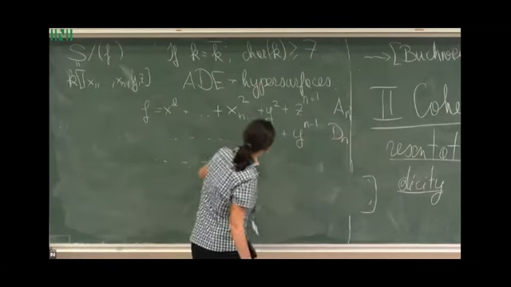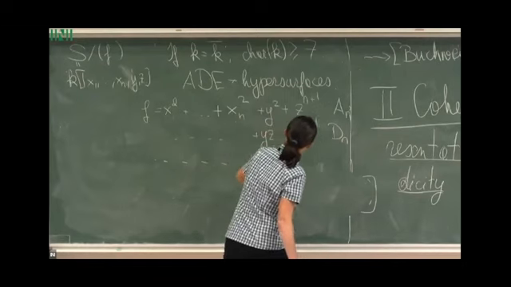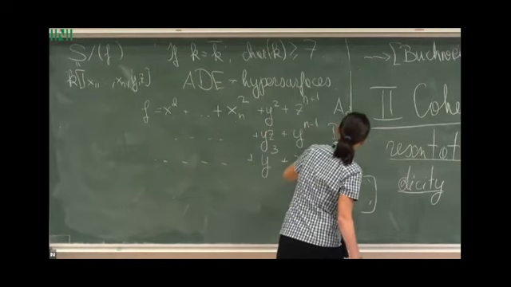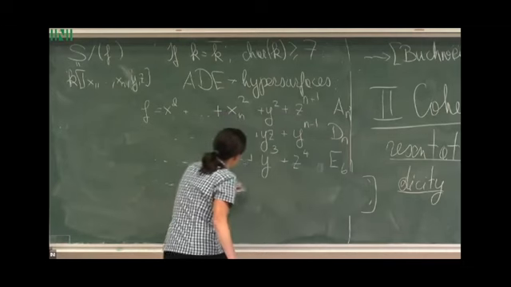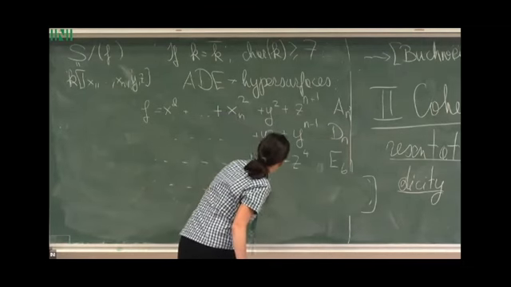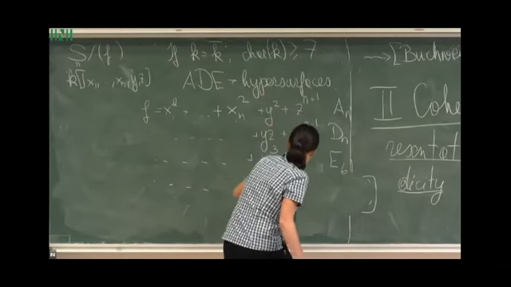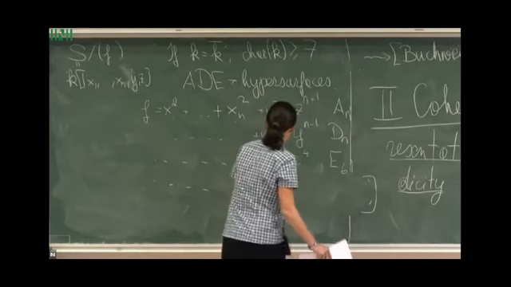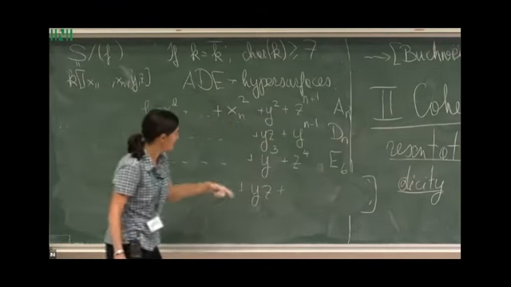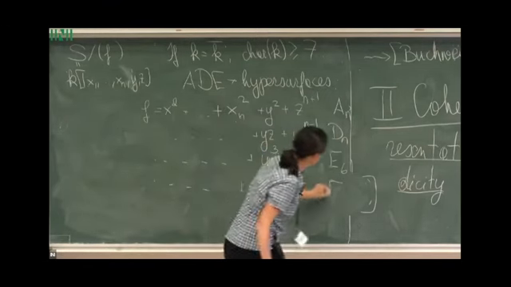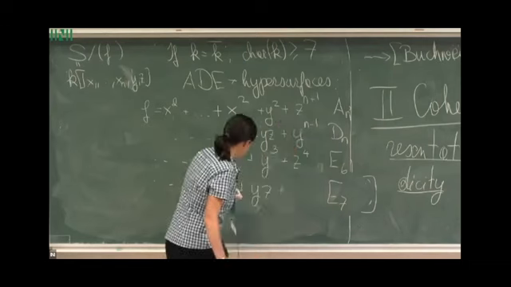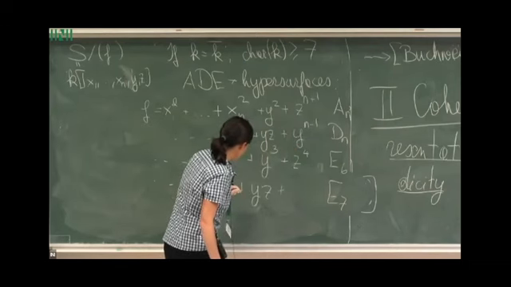Then we have E6, that is y cubed plus z to the 4. And here we have y z plus, oh god, I didn't write it out, and now I'm confused. What do we get here?